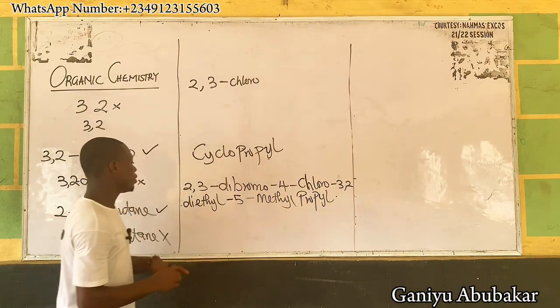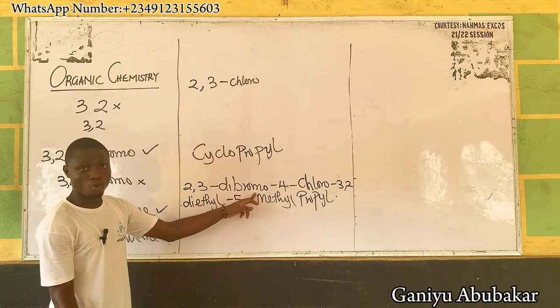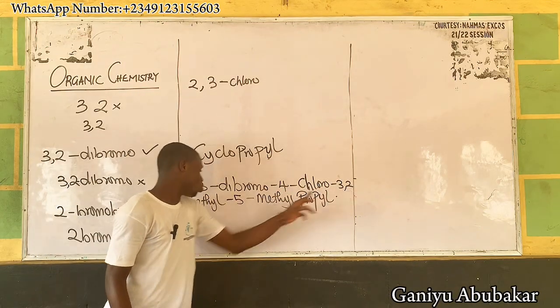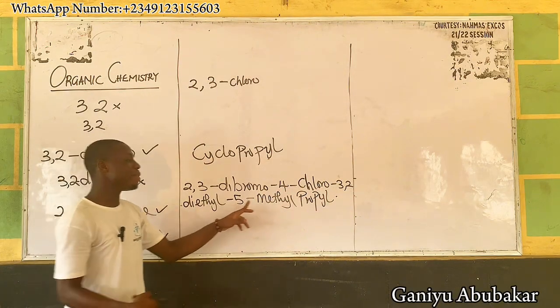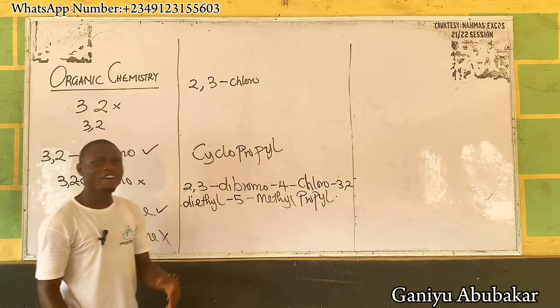So this compound is 2,3-dibromo, 4-chloro, 3,2-diethyl, 5-methyl propyl. Observe my writing.